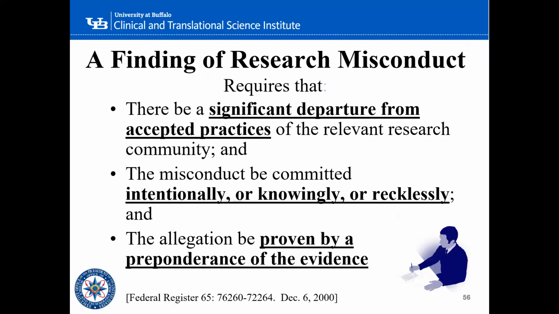A finding of research misconduct requires three things: that there had been significant departure from accepted practices of the relevant research community, that the misconduct is committed intentionally or knowingly or recklessly, and the allegation is proven by a preponderance of the evidence. And we'll talk more about this in a moment.